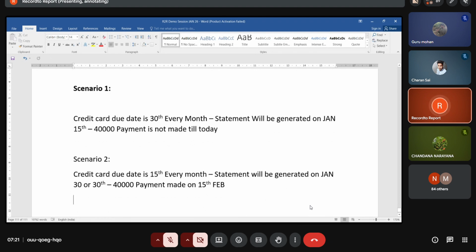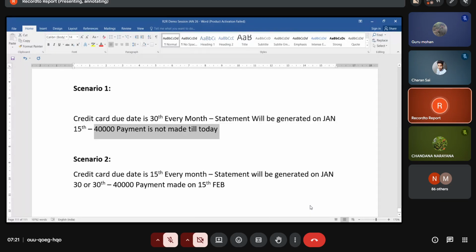So the first case is, for example, you are working with an HDFC credit card department, guys. In scenario one, there is a customer whose credit card due date is the 30th of every month. The statement will be generated on January 15th, and till today the payment is not done.